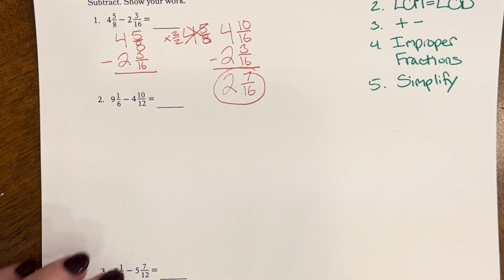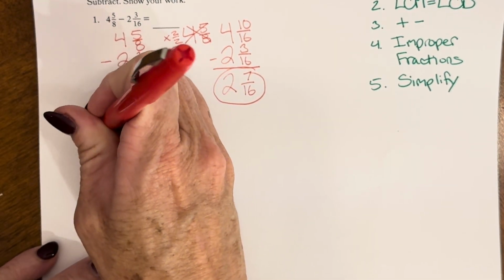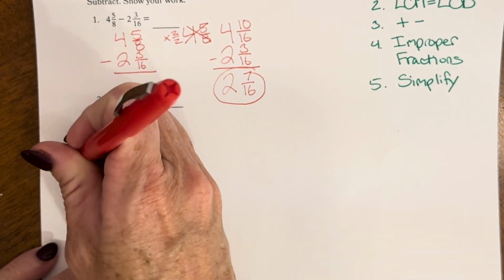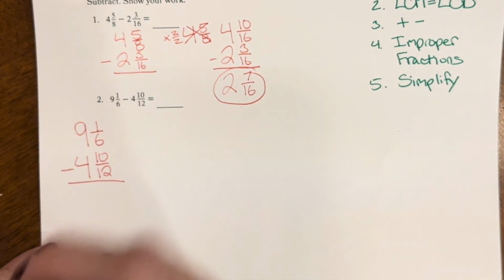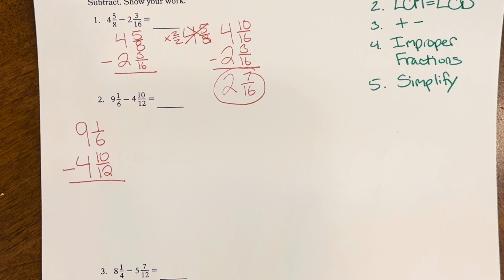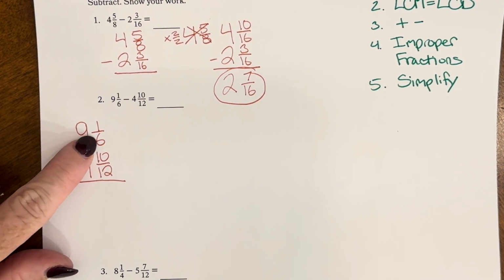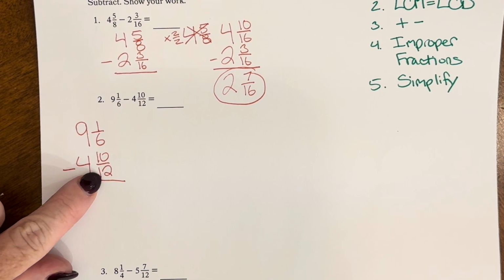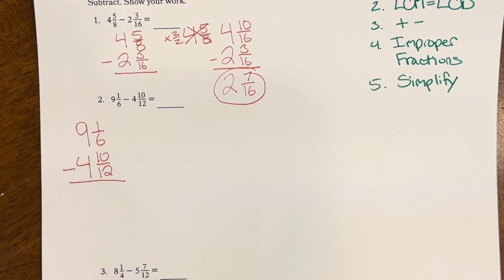First thing I'm going to do is set up my problem vertically. The next thing is to make sure I have common denominators. The easiest way is when the small one fits perfectly into the big one, which is the case here. 6 fits perfectly into 12 because 6 times 2 is 12.